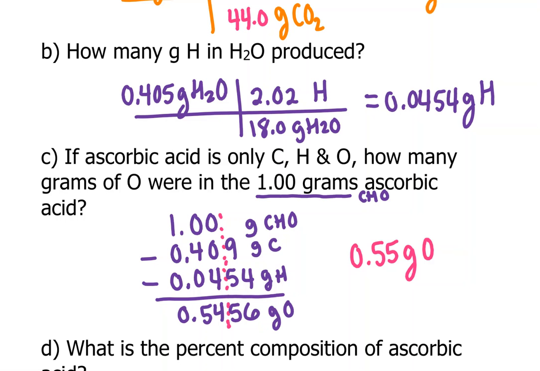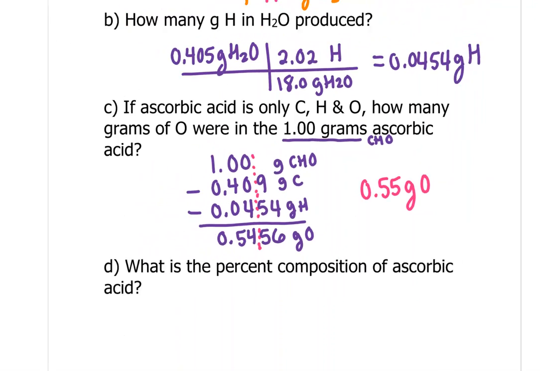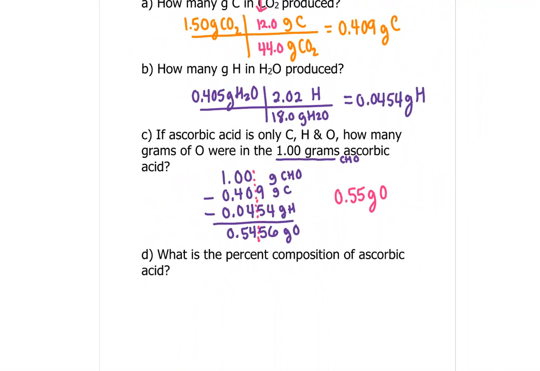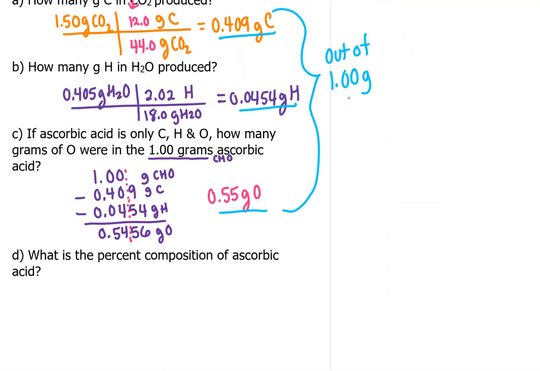Okay. And now we can get a percent composition. So if you think about it, what we're going to do, I'm going to zoom out. These numbers that we have, those are the amounts out of, we burned 1 gram of ascorbic acid.